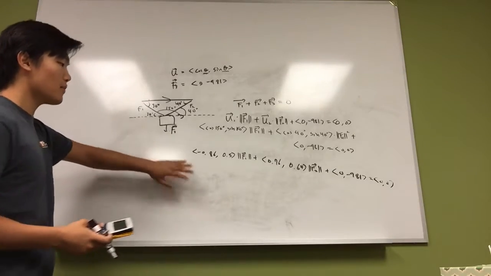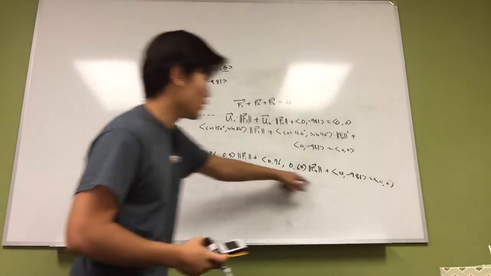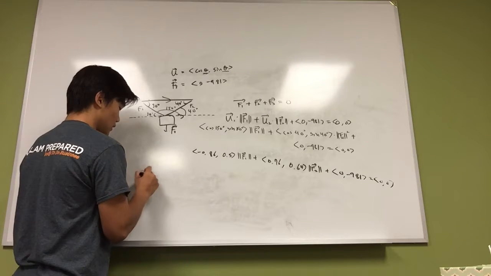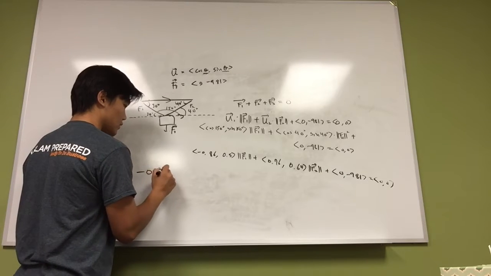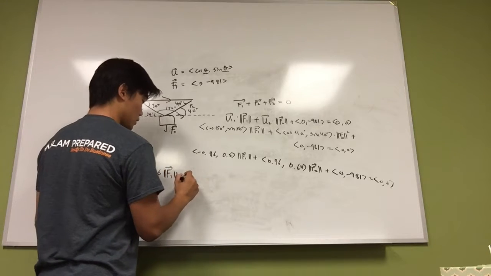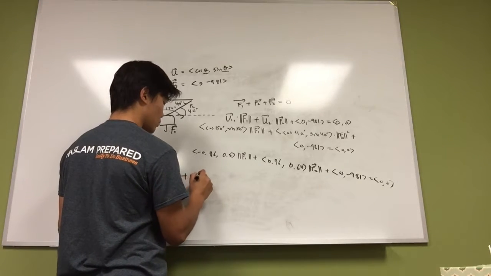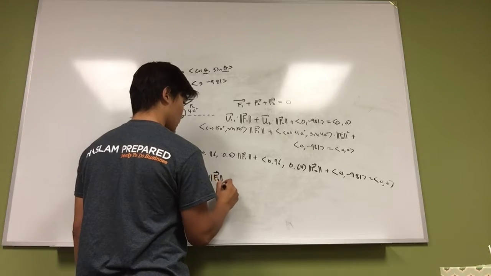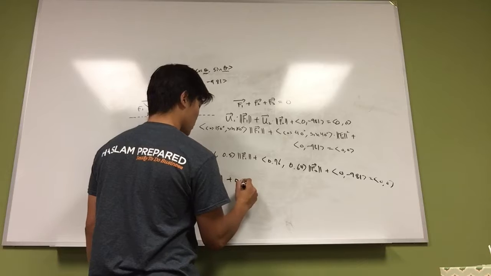We can make two equations from this one equation. It's going to look like this: negative 0.86 F1 plus 0.76 F2 plus 0 equals 0.